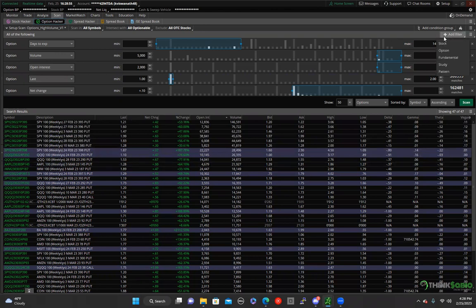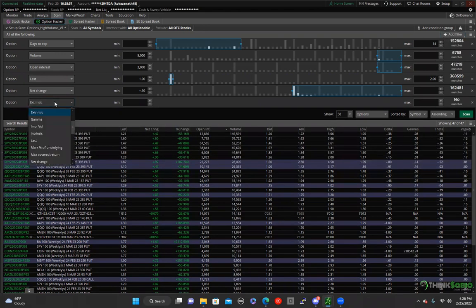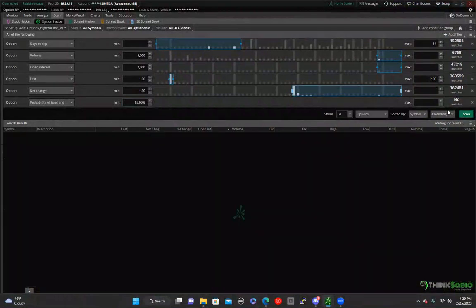And like I said, you can play around if you have Thinkorswim. You can say how much should be extrinsic value, how much should be intrinsic value, and you can also say, let's say, the probability of touching, the stock in the money should be like 85%, for example.